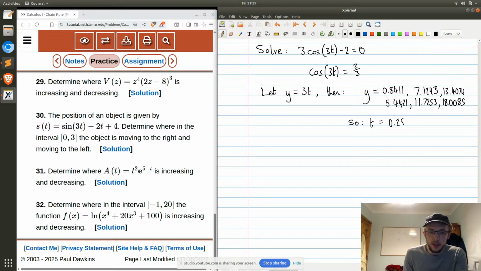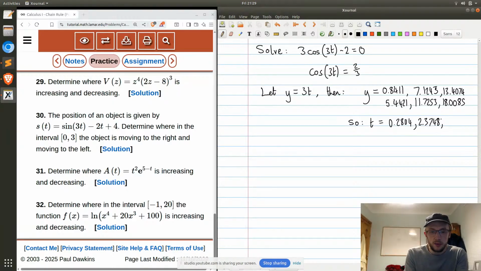Quickly, 0.2804. Next one, 7.1243 divided by 3. This is really inefficient. You should be doing it the other way. Yeah, but I'm too late now, and it's actually just quicker just to actually get through it, right?